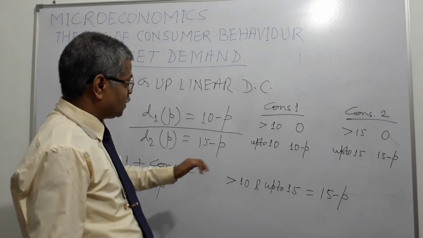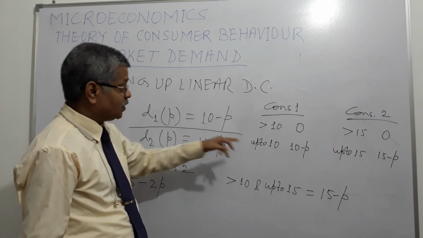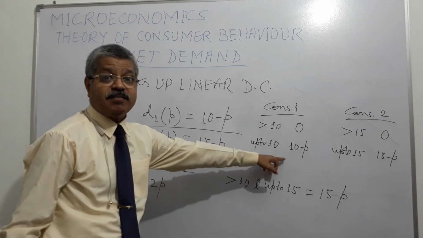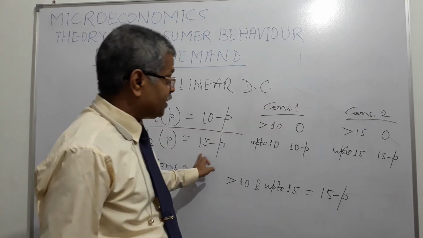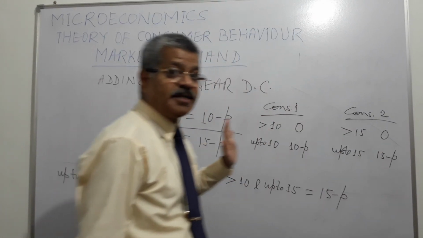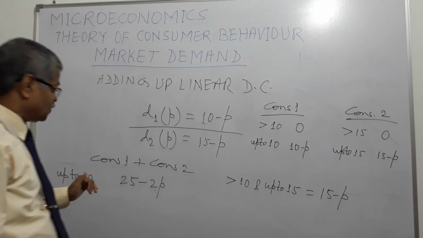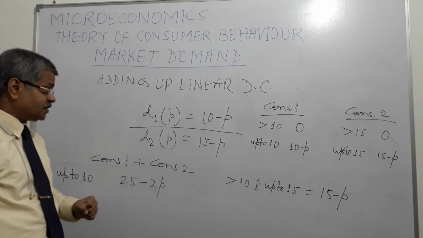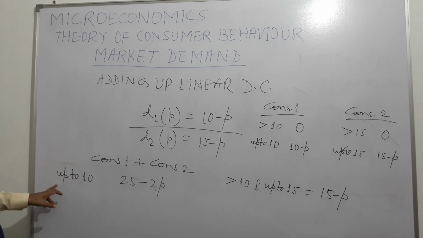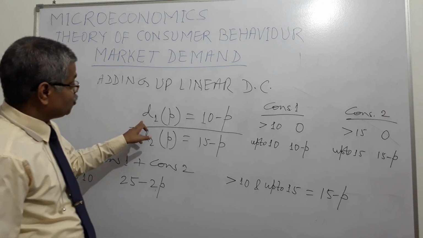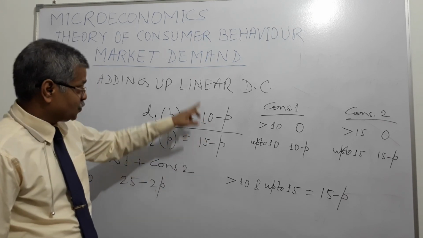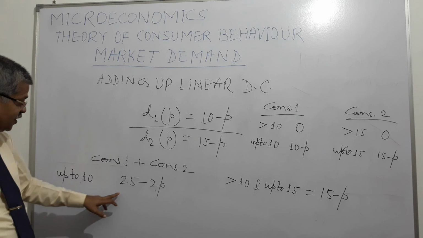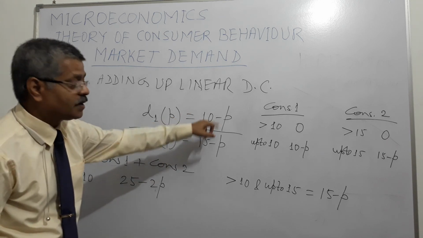Up to 10, consumer 1 says I can take 10 minus P. Up to 15, consumer 2 says I can take 15 minus P. When we combine these two demands, up to 10, both consumers are ready, so the sum of demand is 25 minus 2P.